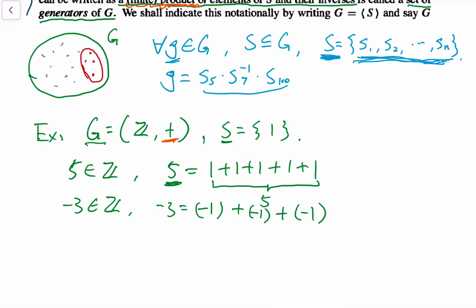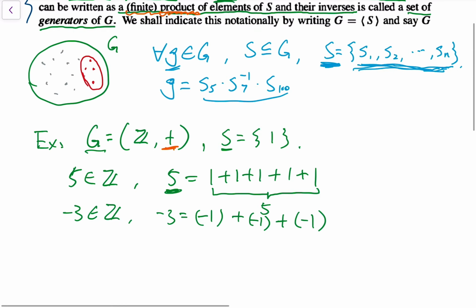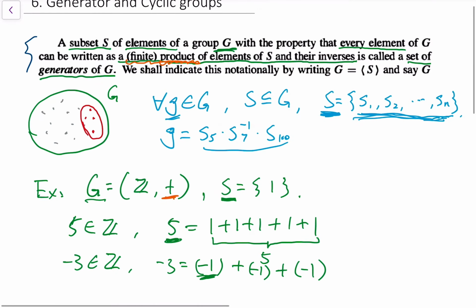It is the addition of 3 negative ones, but the -1 is not in the set S, but because in the definition we allow the inverse of those generators.